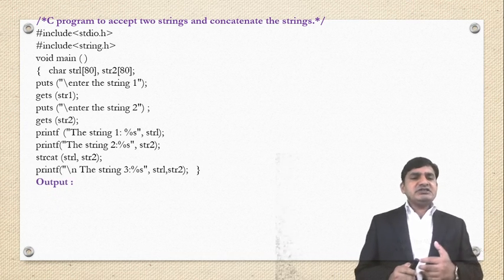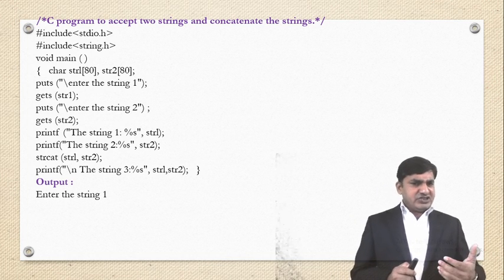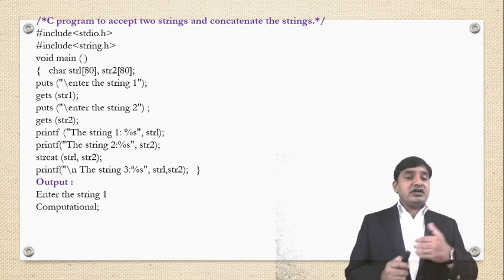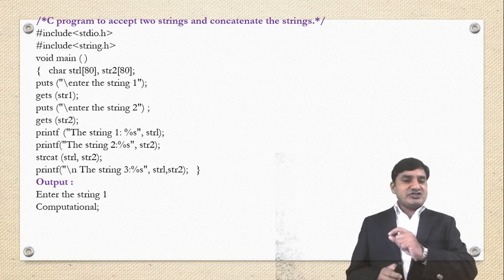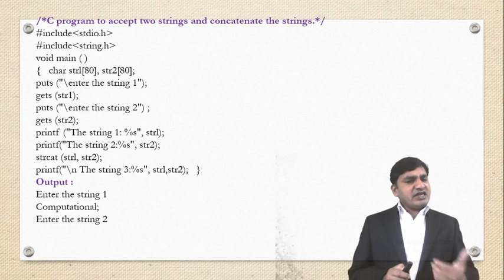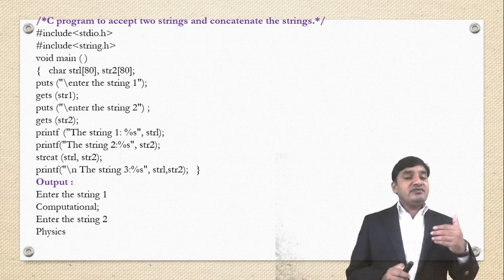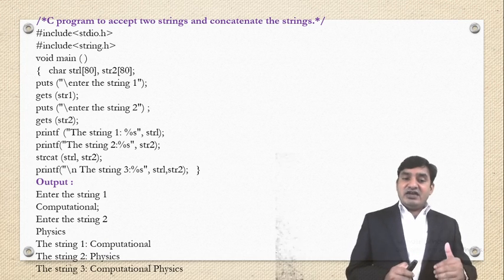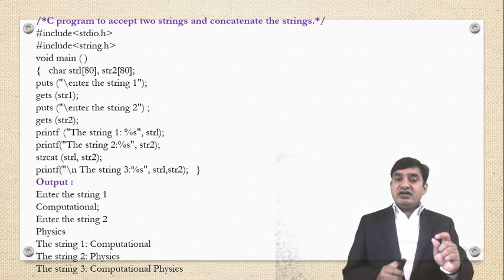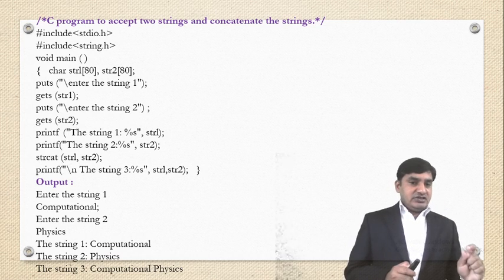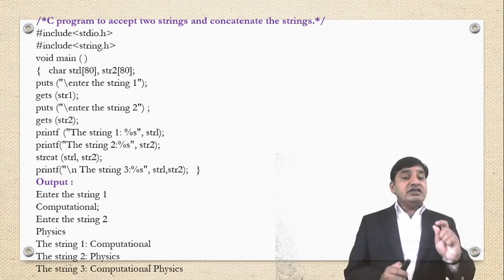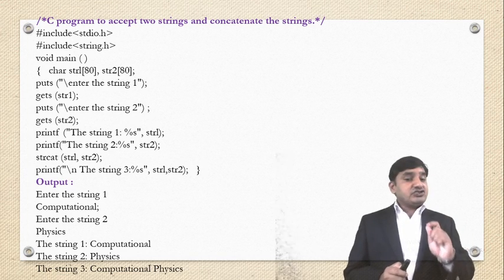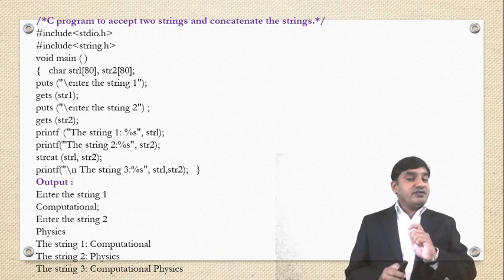Okay, output is, if by using gets str1 function we enter the string computational. Our second string is physics. The string 1 is computational. This is displayed on a screen by using the first printf function. String 2 is physics.